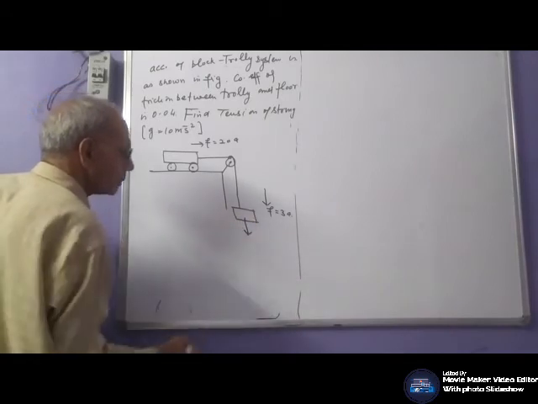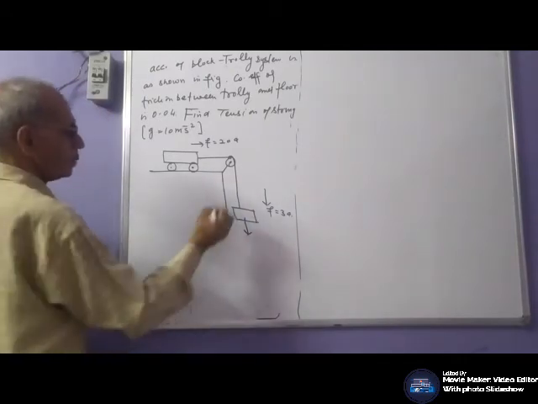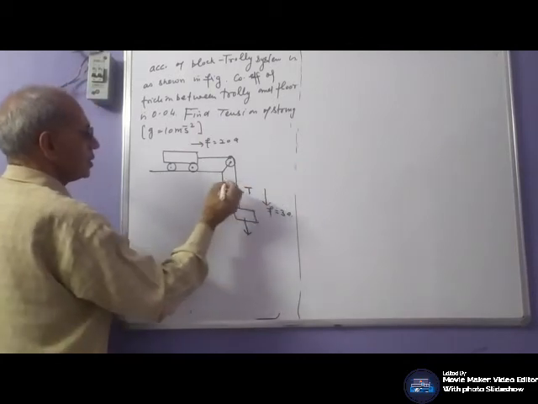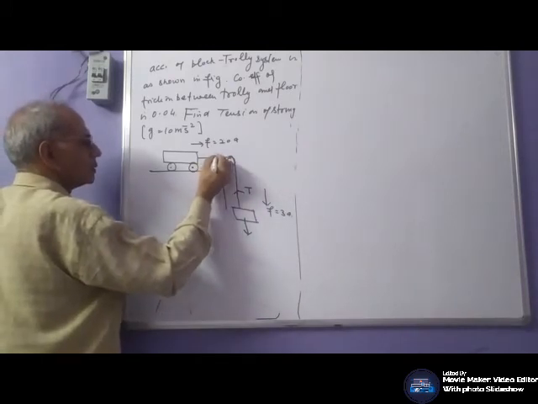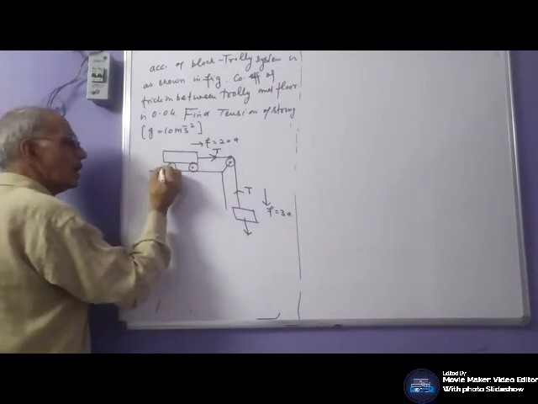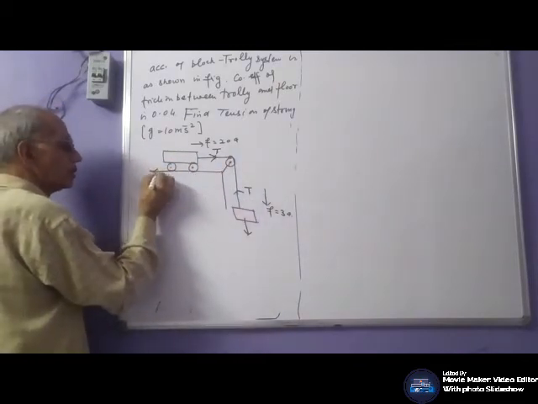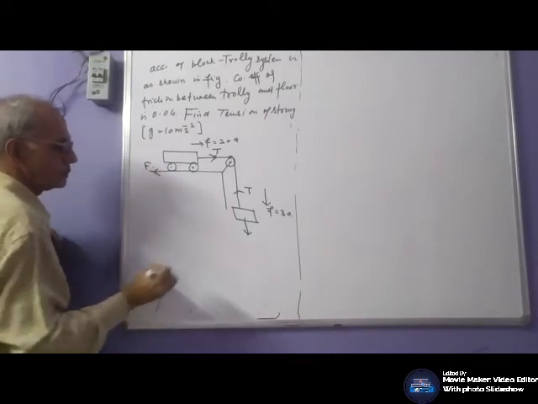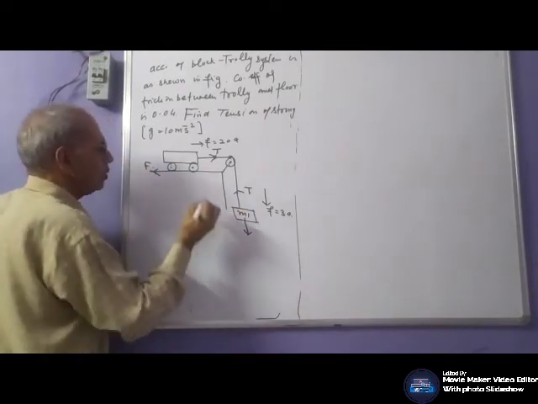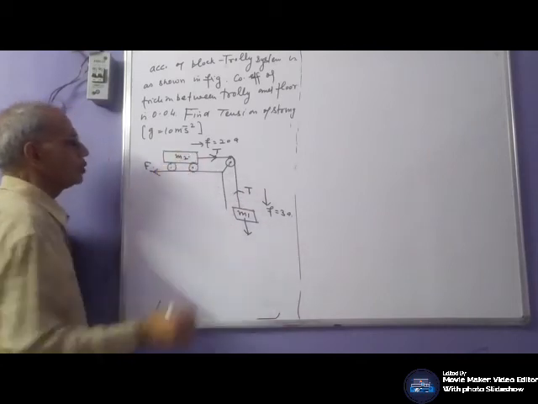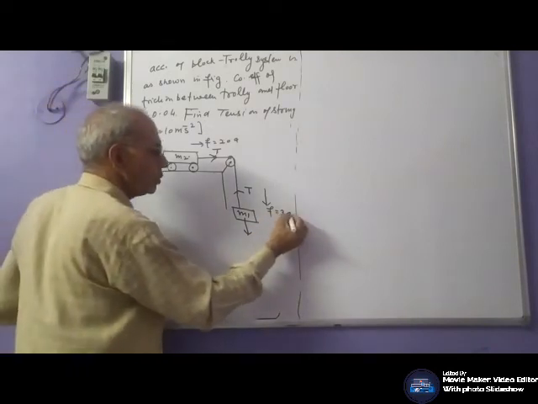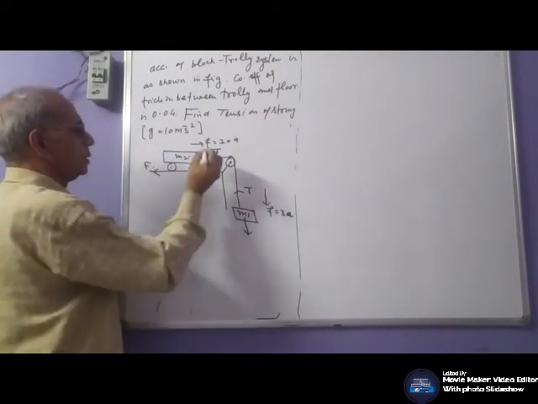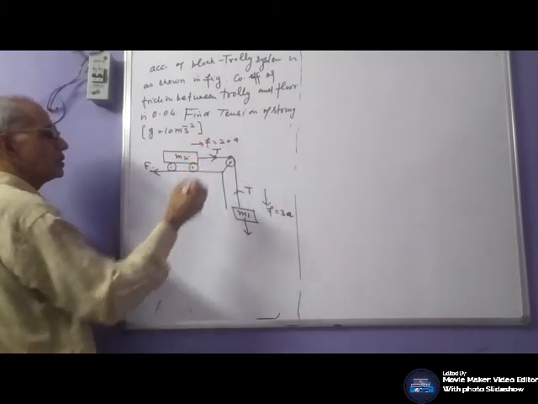This will be the weight. This will be the tension. Balance it. This will be tension, and as the trolley moves, this will be the force of friction. This mass is M1, this mass is M2. As shown, the downward force is 3A and the forward force is 20A.